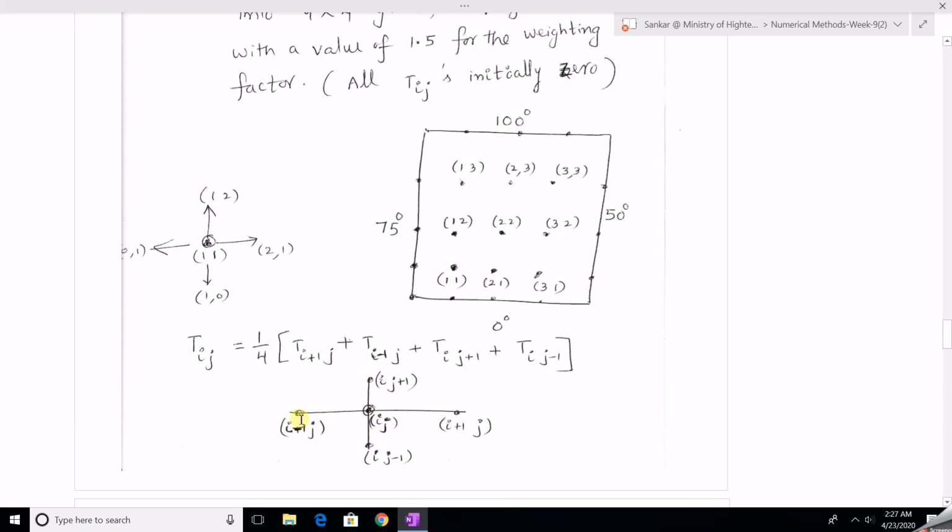So add the temperatures at all these surrounding points, and then divide by 4. That will give the temperature at this i,j.